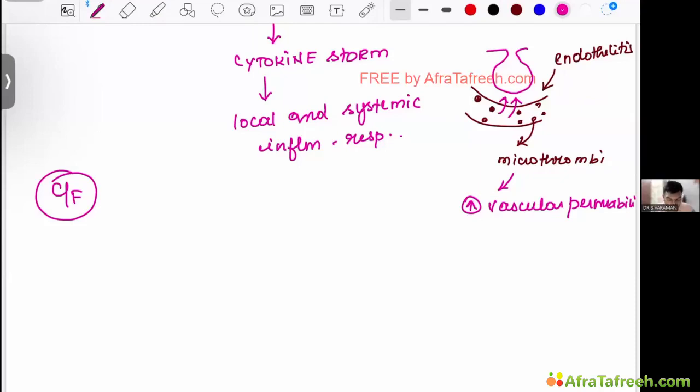Most of us would not have escaped 2020 or 21. So what clinical feature can the patient present with? The incubation period of COVID is somewhere around 2 to 14 days.